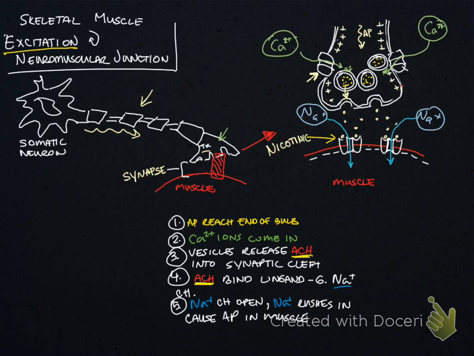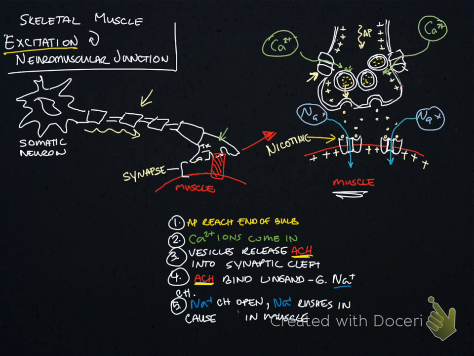And once we get sodium inside, it changes the membrane potential of the cell. And I don't really want to call it an action potential, because it really isn't an action potential. This isn't a nerve cell. It's muscle tissue. So we're going to call it a depolarization wave.